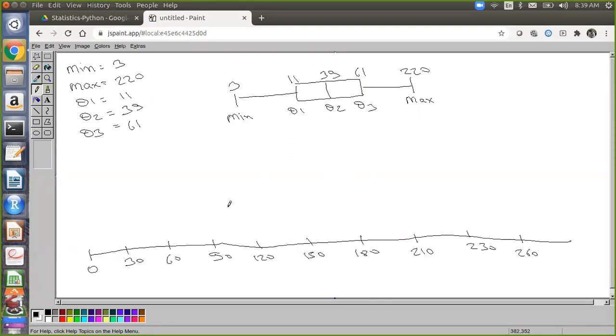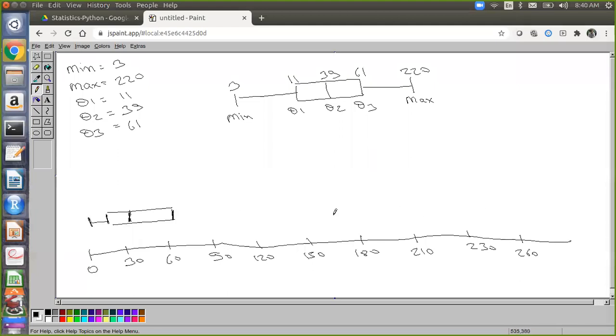Now first I need to identify 39. 39 will be coming somewhere here. Now I need to identify 61. 61 might be coming somewhere here. Then 11, probably coming somewhere here. Now 3 will be coming somewhere here.